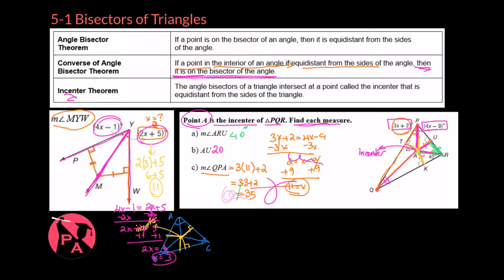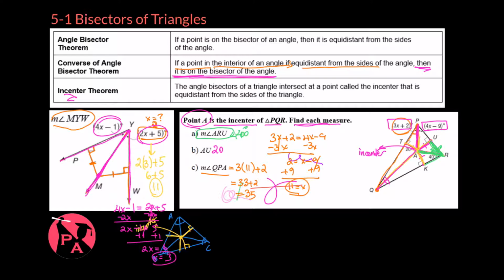Now let's see the measures that we need to figure out. The first one, measure of angle ARU. Let's see what that angle is. Angle ARU is right here. This corner and that corner must be the same, these two angles, because that is an angle bisector, so it's 40 degrees. The measure would be 40. Next question.